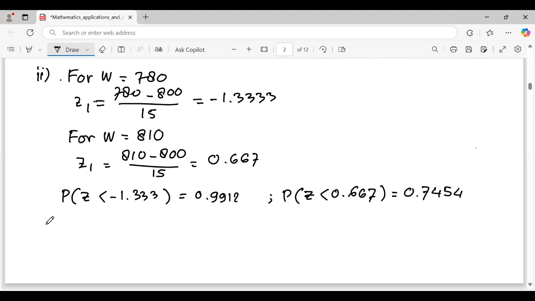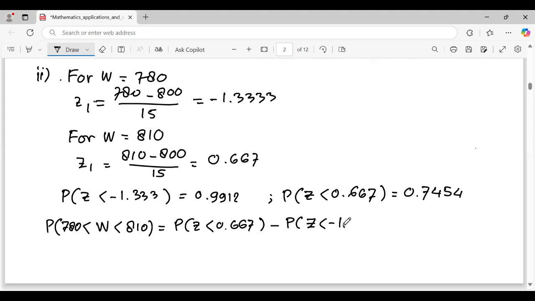0.7454. So it means the probability W greater than 780, less than 810 equals probability Z less than 0.667 minus probability Z less than minus 1.333.